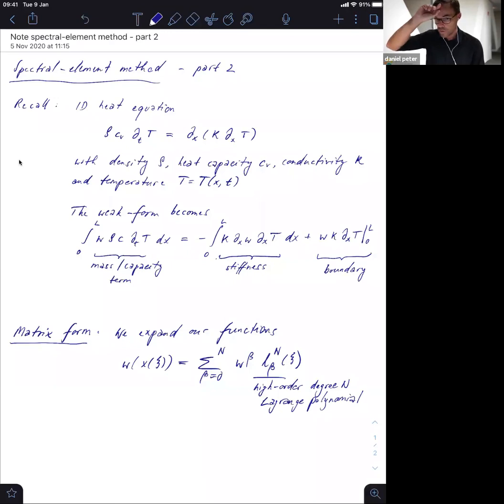These Lagrange polynomials can be degree 4, 5, 8, 12, 16, etc. So it's higher order usually. And then W beta is just the expansion coefficient.